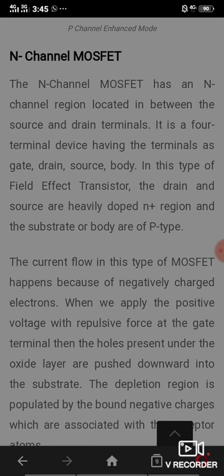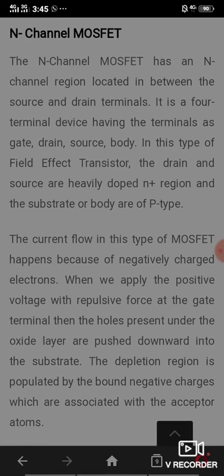The current flow in this type of MOSFET happens because of negatively charged electrons. When we apply the positive voltage with repulsive force at the gate terminal, then the holes present under the oxide layer are pushed downward into the substrate.